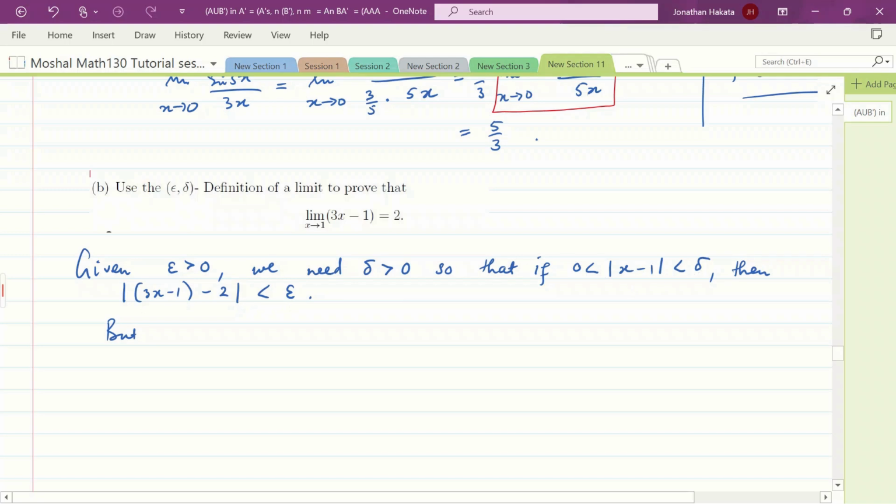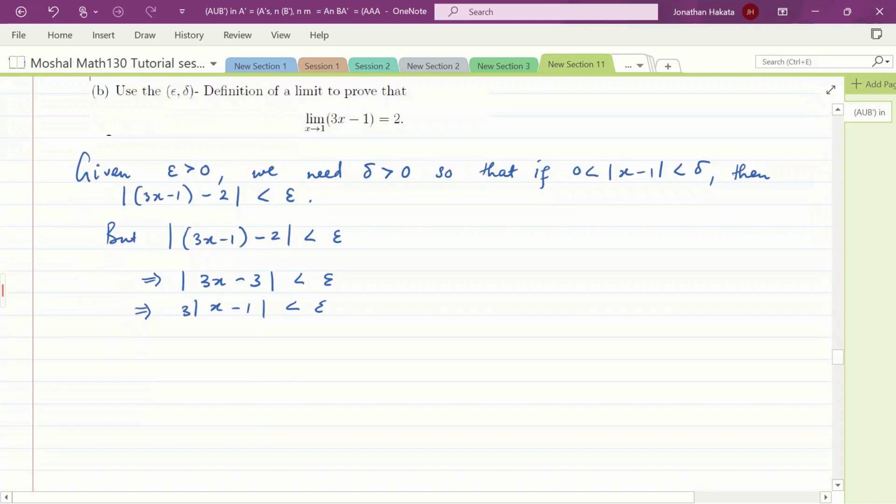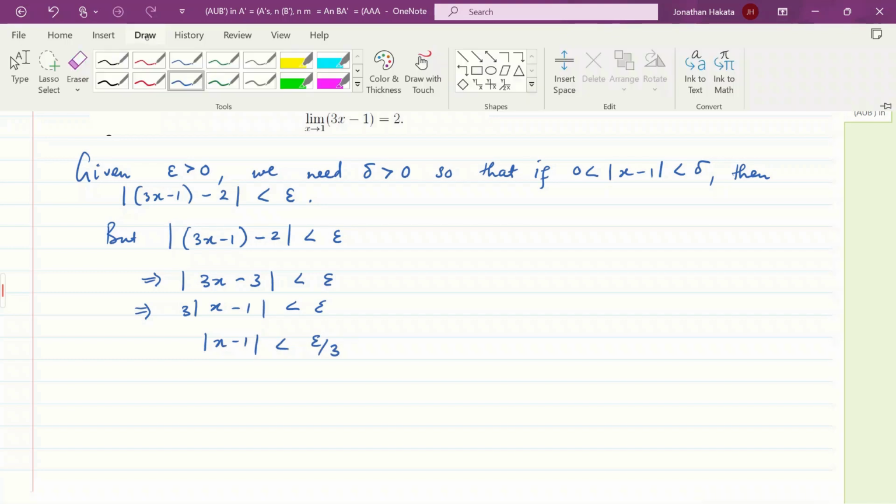So we say, modulus of 3x minus 1 minus 2 is less than epsilon, which implies that modulus of 3x minus 3, if you remove brackets, is less than epsilon. Factor out a 3, you have 3 times modulus of x minus 1 less than epsilon. Divide everywhere by 3, you have modulus of x minus 1 less than epsilon over 3. Now, this form I want to highlight so you can compare and contrast.